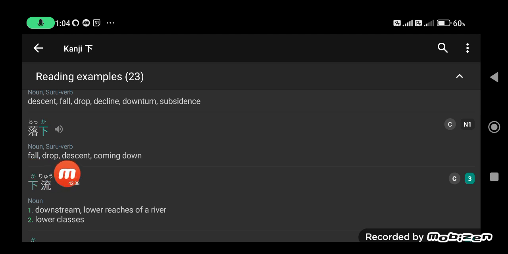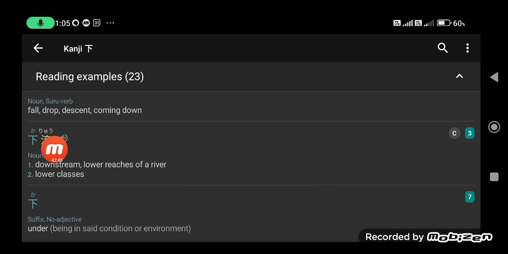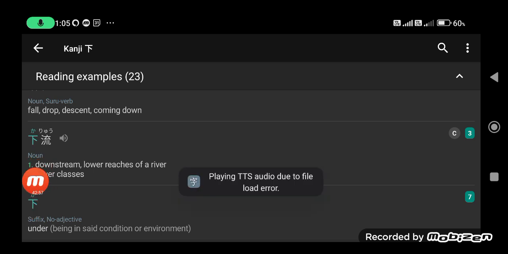Raka means to fall, drop, descent, coming down. Raka. Okay, so karyu: downstream of a river, lower reaches of a river, lower class. Karyu.